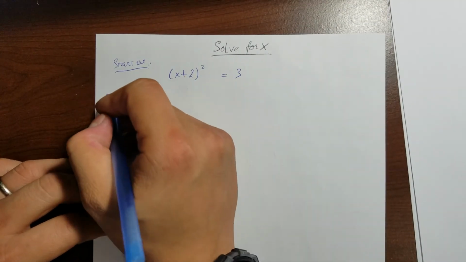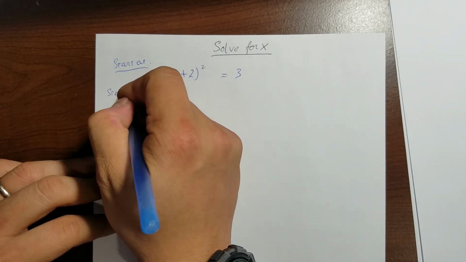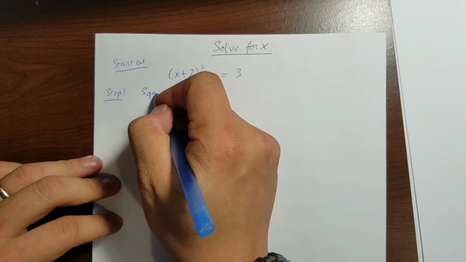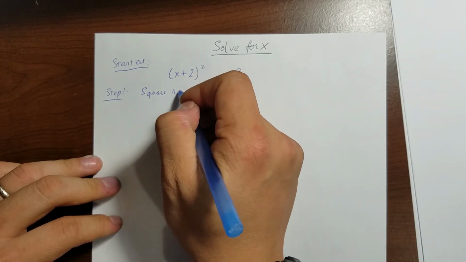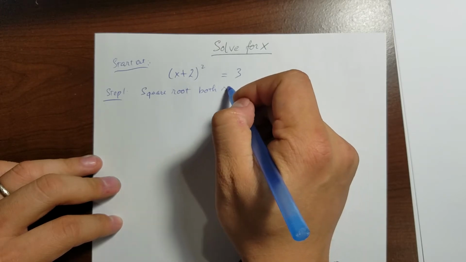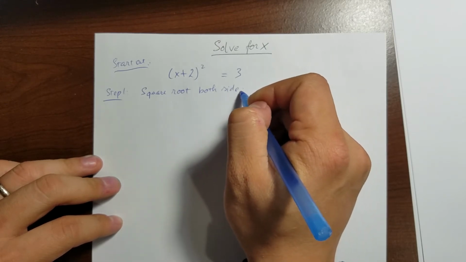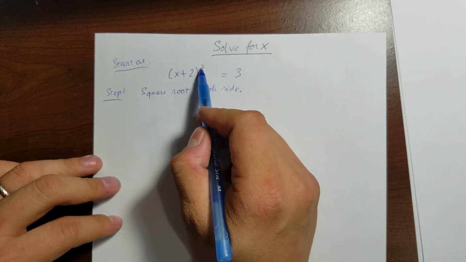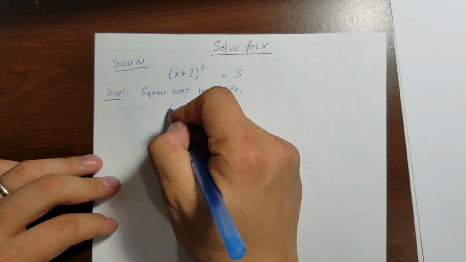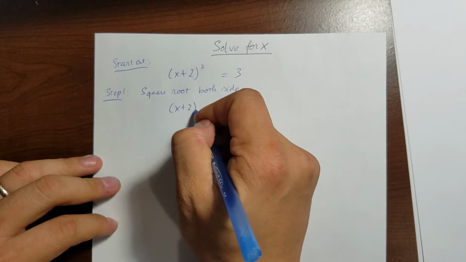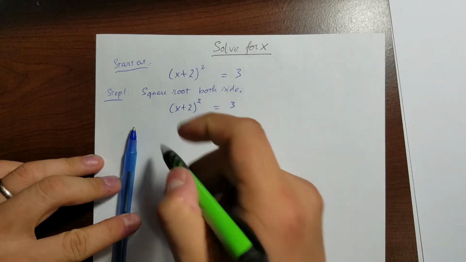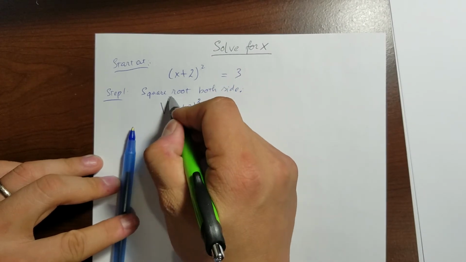So to solve for x, step 1 is to take the square root of both sides. The idea of this is to eliminate the square. So x plus 2 squared equals 3, you want to take the square root of both sides.